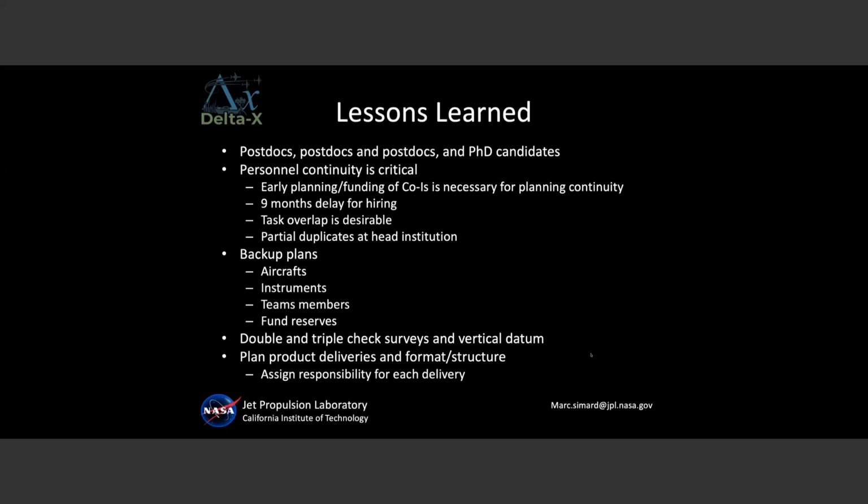For us, I told you about these very challenging areas where we're looking for centimeter measurements. We have water surface slopes of 1 to 3 centimeters per kilometer. This is very, very flat. So vertical datum is a major issue.